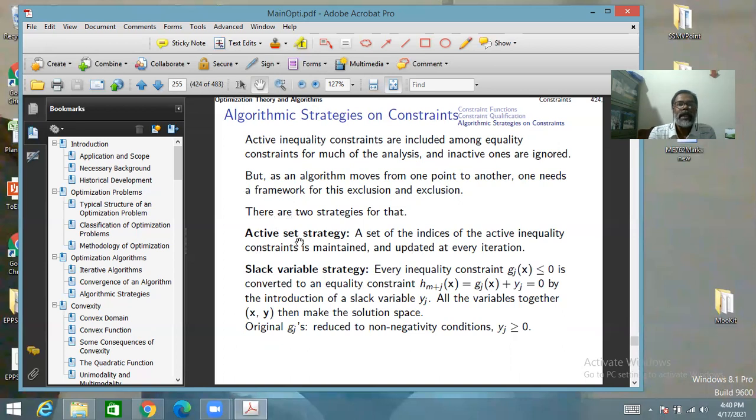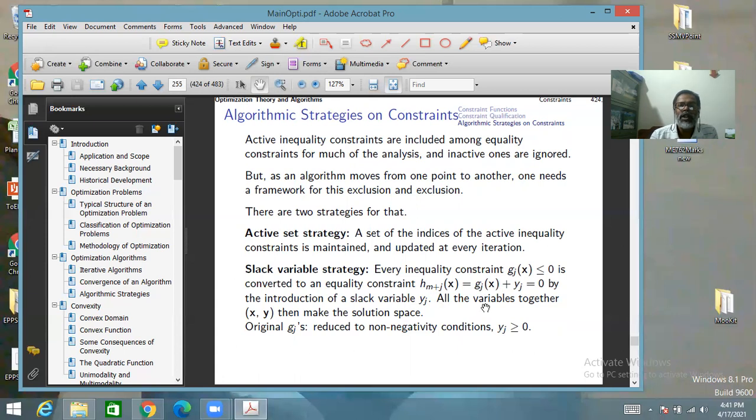In the other strategy, which is called the slack variable strategy, every inequality constraint is converted to an equality constraint in the beginning. Whatever equality constraints are already there, you add some more equality constraints by putting this function plus some variable yj equal to 0. You call this yj the slack variable, that is, a margin with which it is satisfied.